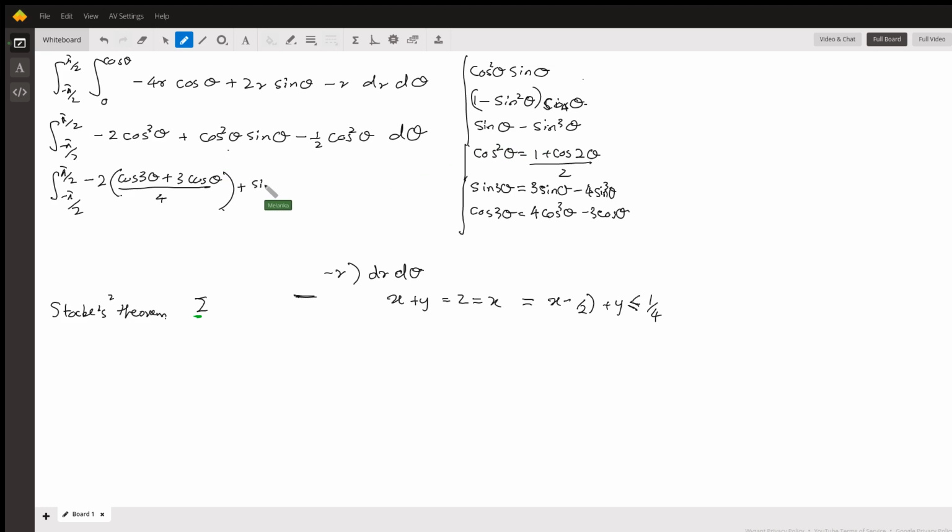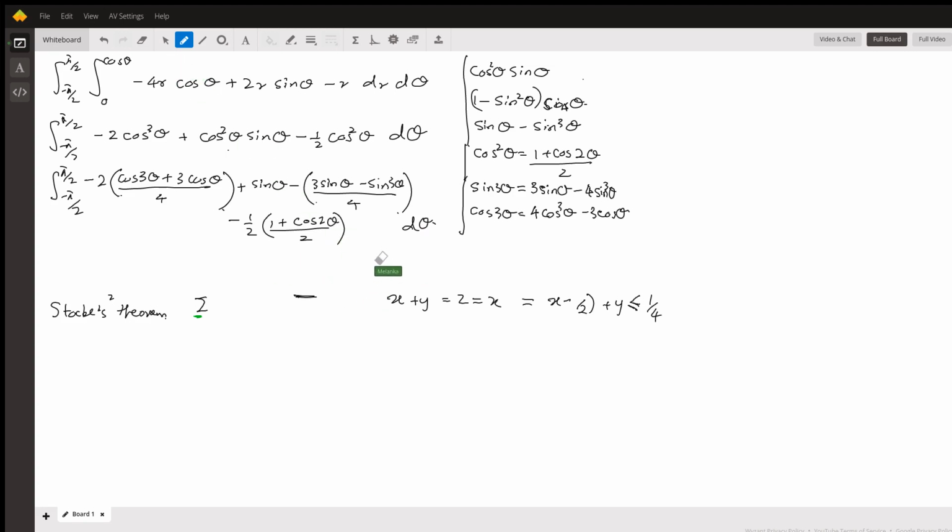So we have sine theta, and for sine cube theta I write 3 sine theta minus sine 3 theta over 4. And for cosine squared theta I have 1 plus cosine 2 theta over 2, d theta.